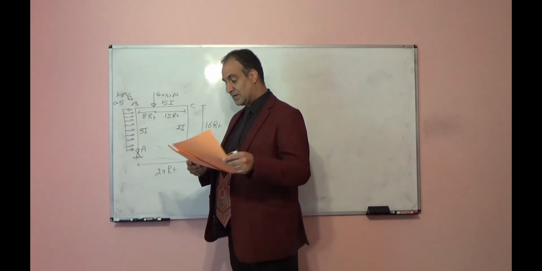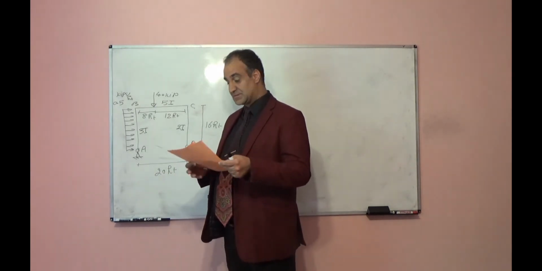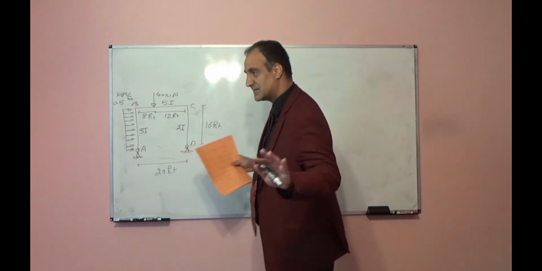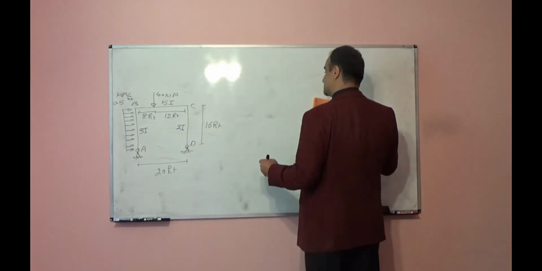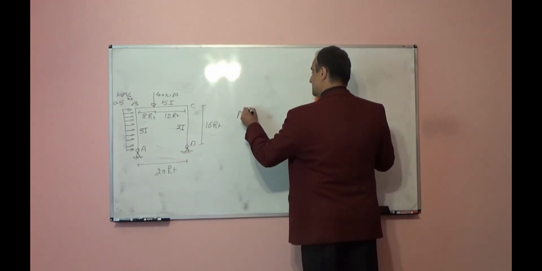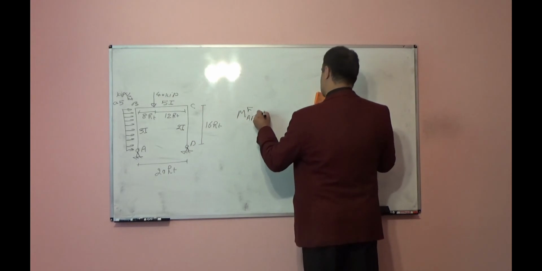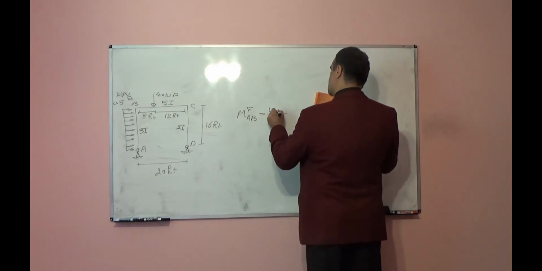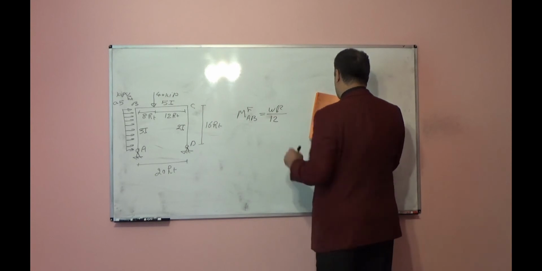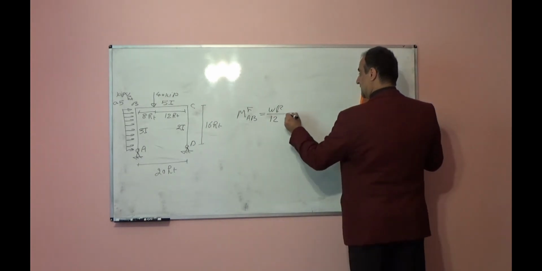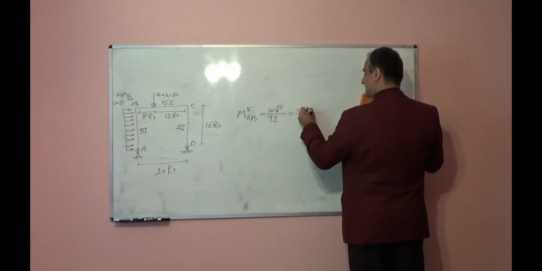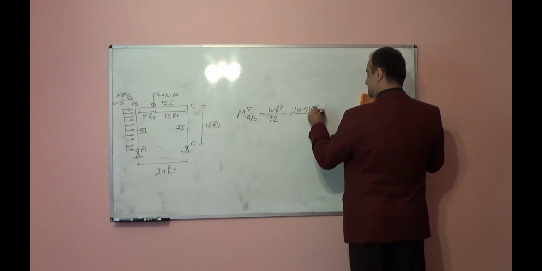Let's see how we can solve this using slope deflection. First step again, we should find the fixed end moment. Fixed end moment for AB, again it is a distributed load, WL squared over 12. It will be 0.5 times 16 squared over 12.